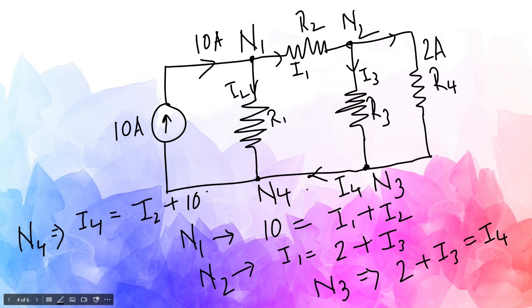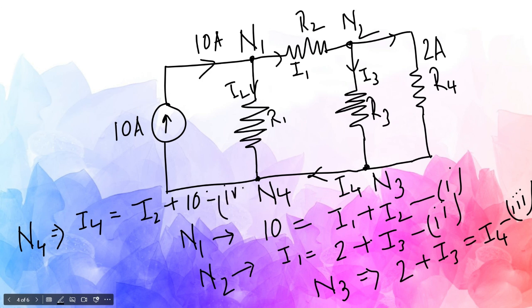Now look at this: here is I1, I2, I3, I4. There are four variables and there are four equations. This is equation 1, equation 2, equation 3, and equation 4.